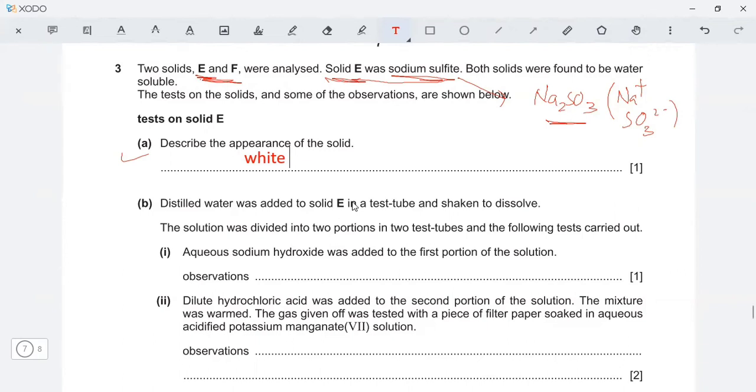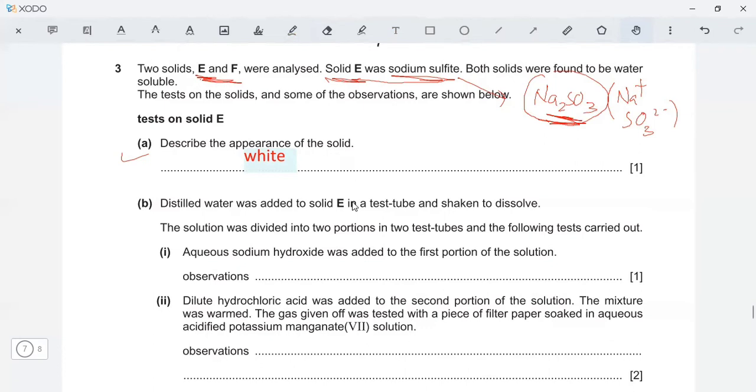So here we have an example: sodium sulfite. Sodium is a first group element. So here you can write the appearance. It is a solid, so in the solid state the appearance will always be white.